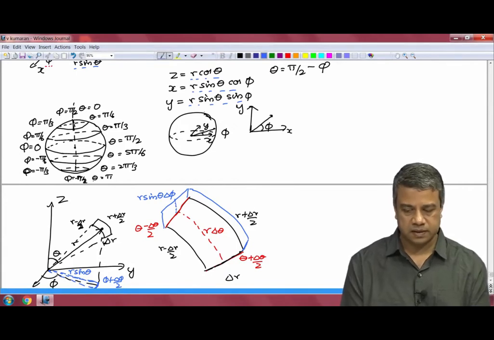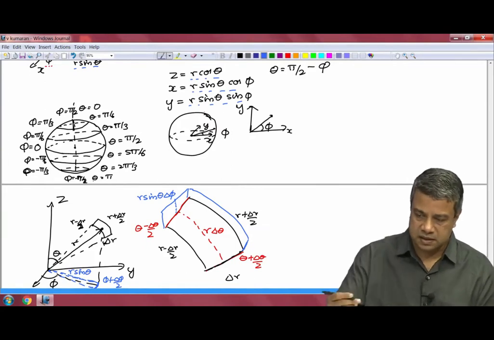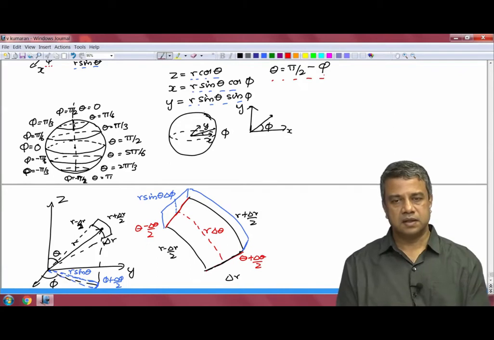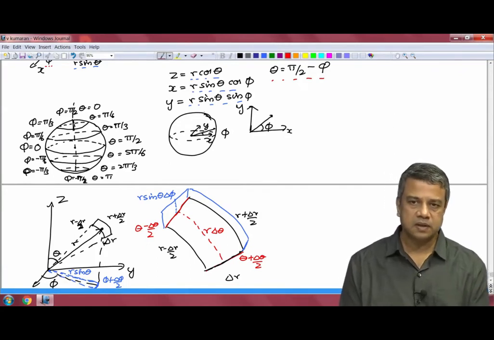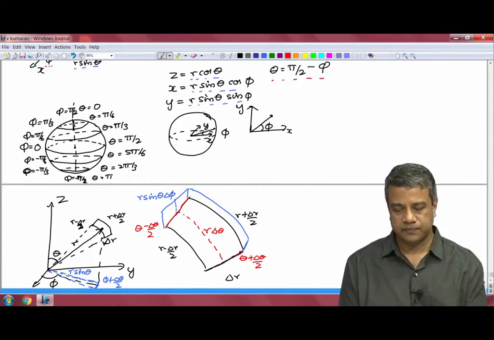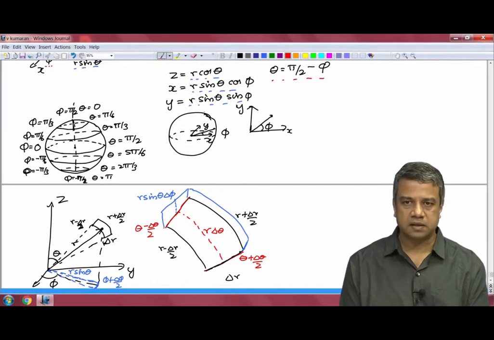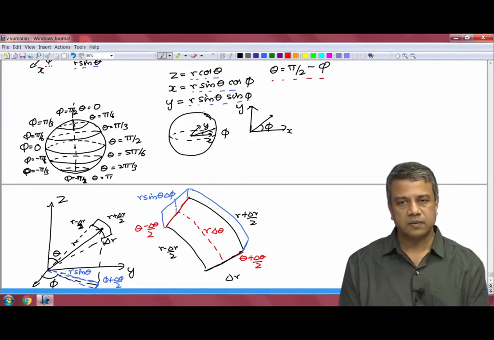So, therefore, this angle theta is just equal to pi by 2 minus the latitude. It is equal to 0 on the north pole, it is pi on the south pole, and pi by 2 on the equator. The meridional angle is exactly the same as the meridian in a geographic coordinate system, where the 0 meridian corresponds to the x axis.